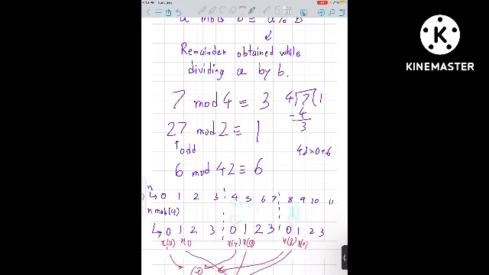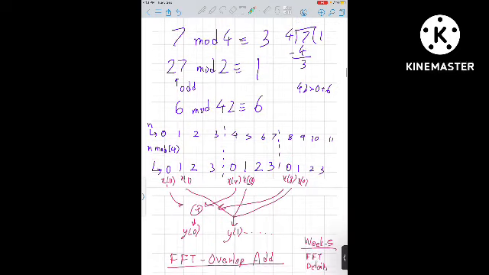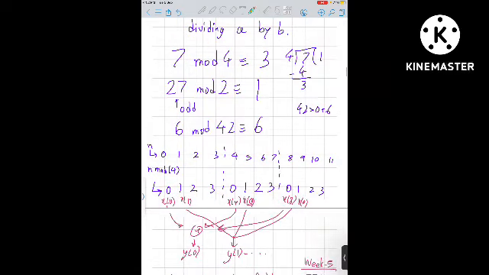So what happens is that whenever the indices are the same modulo 4, x of 0, x of 4, x of 8, all of them will get added together and give me y of 0. x of 1, x of 5, x of 9, all of them will be added and they will give me y of 1.